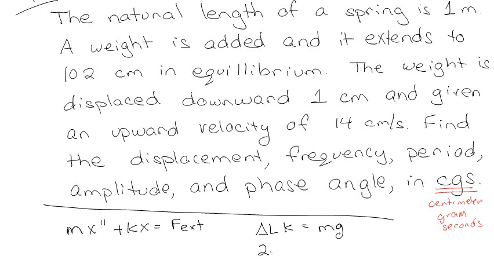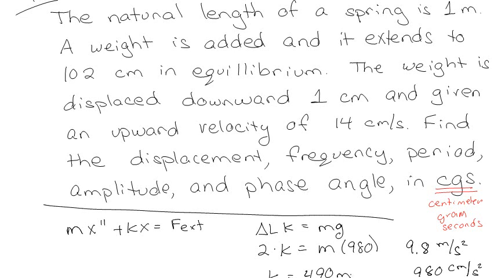Delta L is 2 centimeters, k is unknown, mass is unknown, and g is supposed to be 9.81 meters per second, but since I'm in centimeters, that means it's 980 centimeters per second squared. So 980. Meaning that k is equal to 490 times the mass.